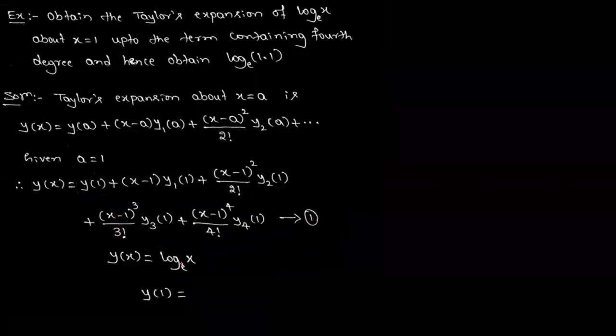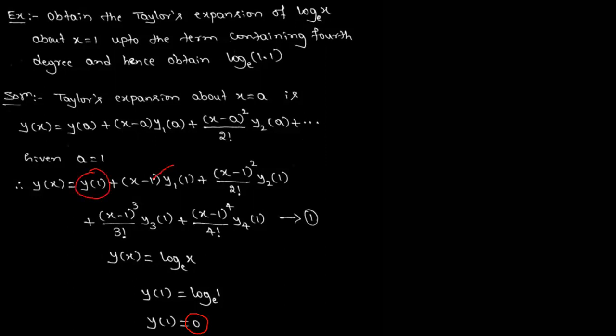So y of 1 is log 1 to the base e. We all know the value of log 1 is 0. If you press ln of 1 in the calculator, it will show you the answer 0. We found the value of y of 1 as 0.